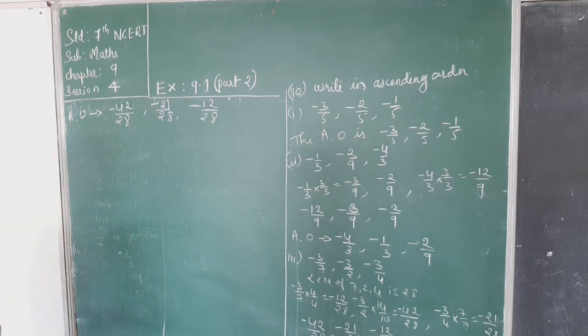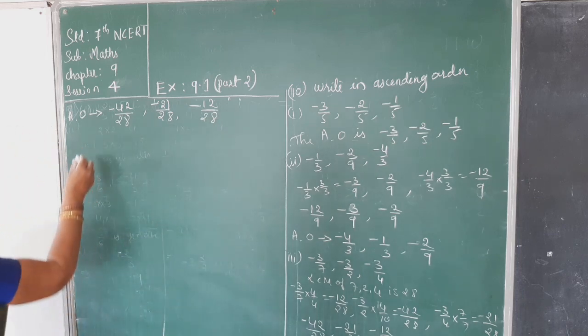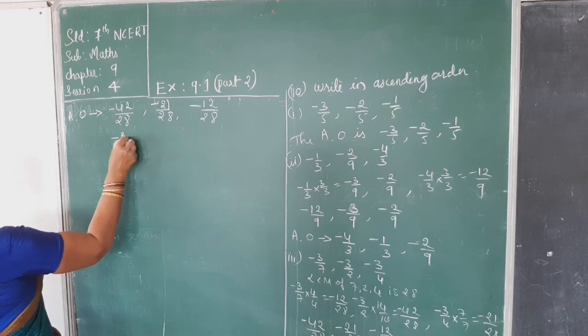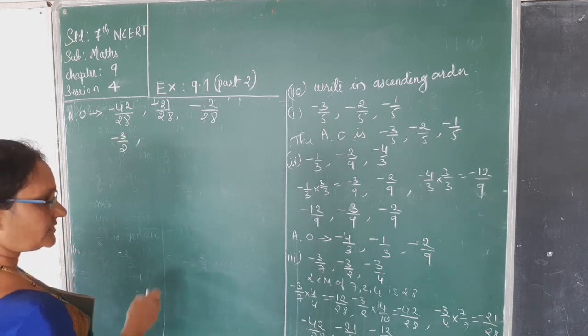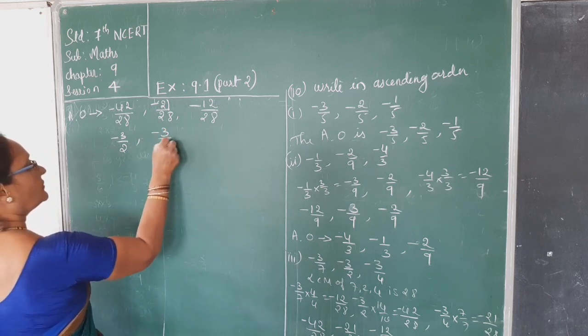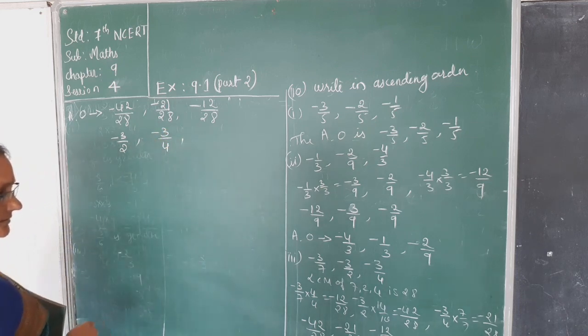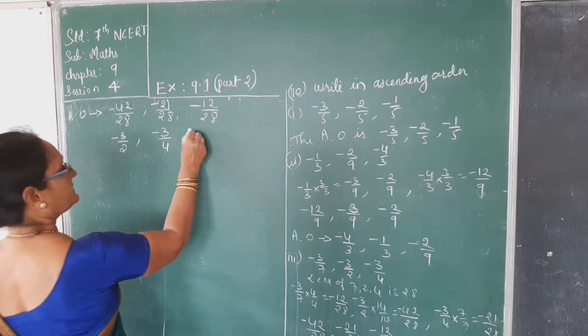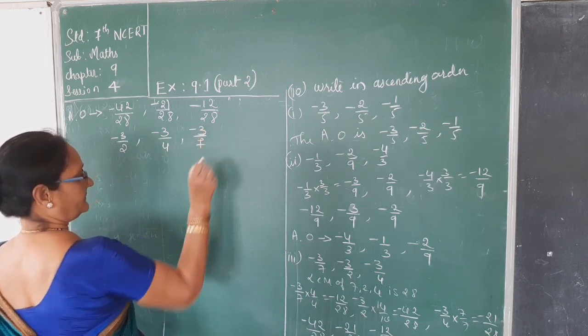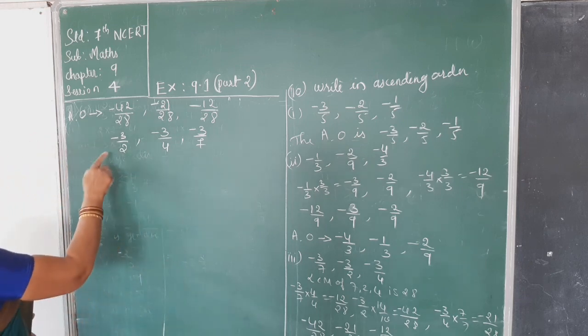Minus 42 by 28 means minus 3 by 2. Minus 21 by 28 means minus 3 by 4. And then next comes minus 12 by 28, which is minus 3 by 7. So this is the ascending order of this.